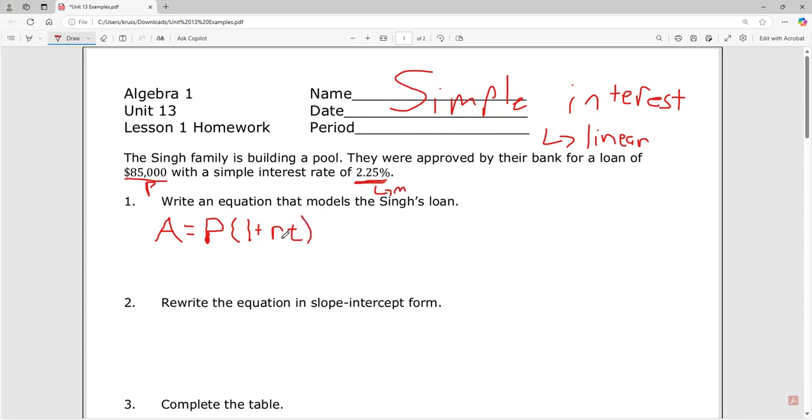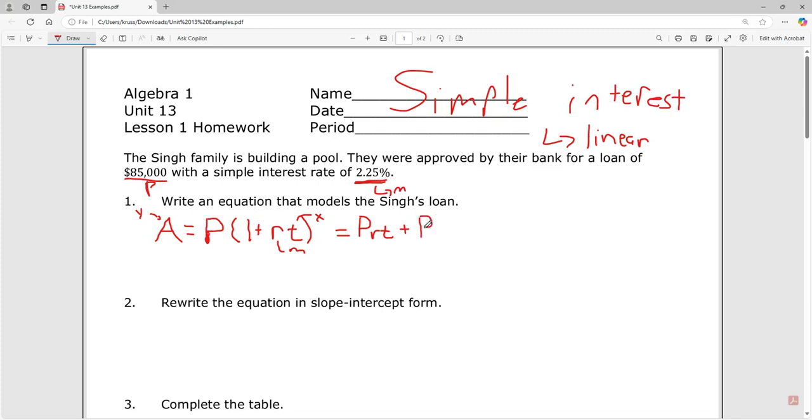All right, so if I were to put this in slope-intercept form, where this is the Y, this is the M, and this is the X, I have to distribute, right? So it's going to be P R T is the same thing as mx, and that's going to be plus our b value, which is going to be p times 1, which is just p.